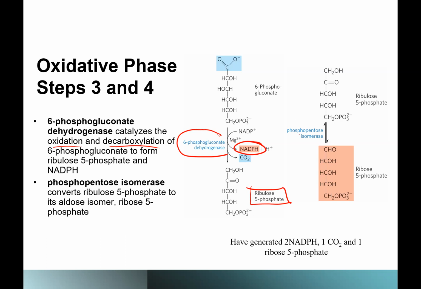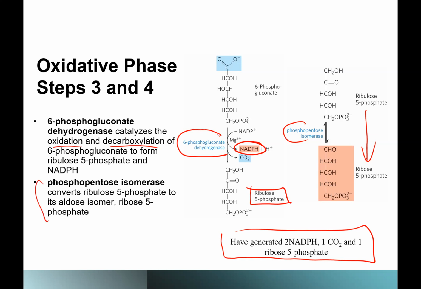This, as noted, can go on to form ribose 5-phosphate. At this point, after 4 reactions in the oxidative phase, 1, 2, 3, 4, we have generated 2 NADPH and a carbon dioxide and a ribose 5-phosphate if we continue on, right?